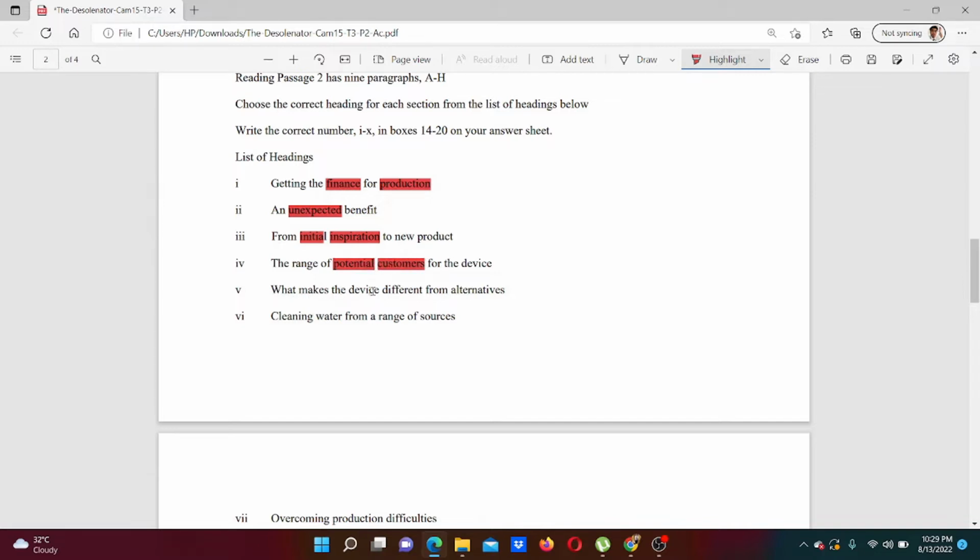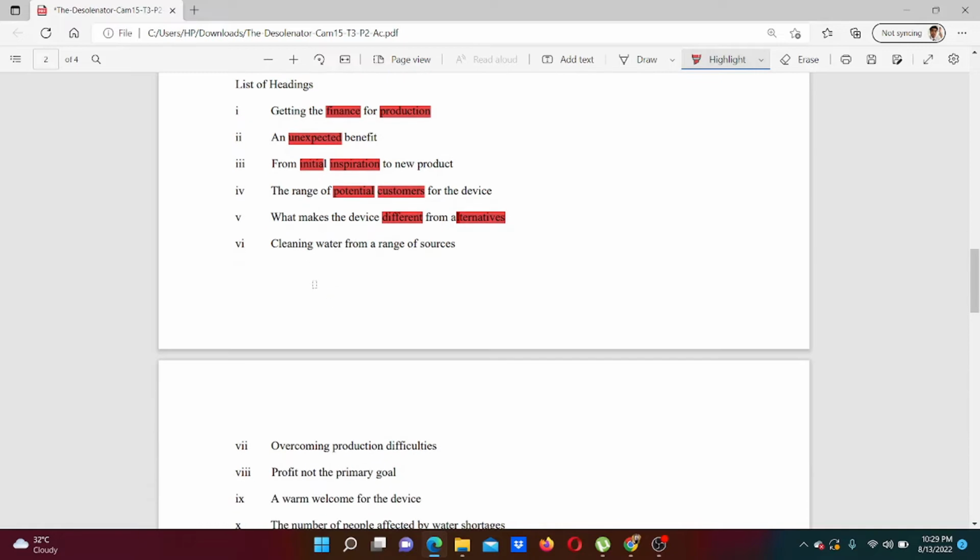And then what makes the device different from alternatives. So someone has invented a device, and how can it be different or unique from the other devices that are already established in the market. So difference or uniqueness from alternative devices will be the keyword. And next, number six, cleaning water from a range of sources. So they are cleaning water from a range of sources.